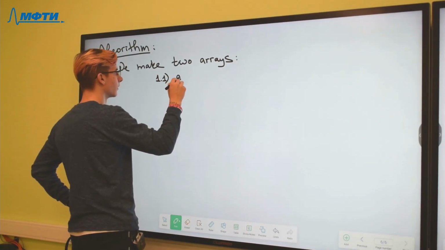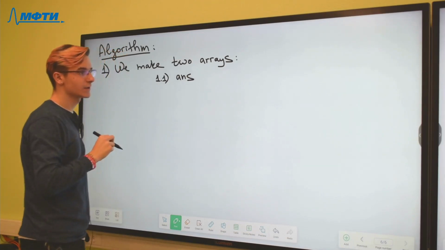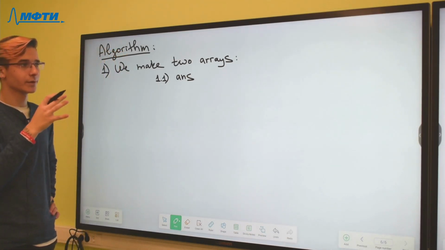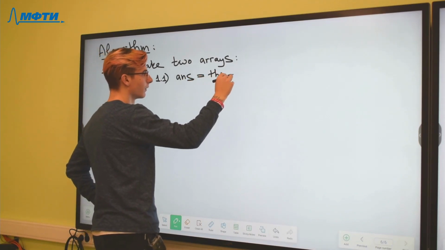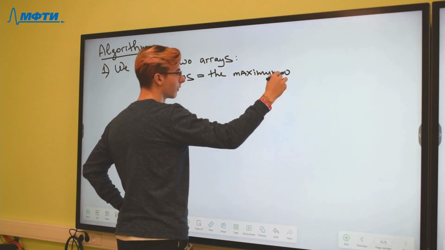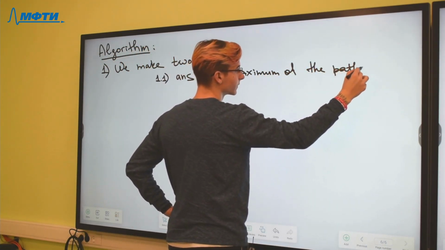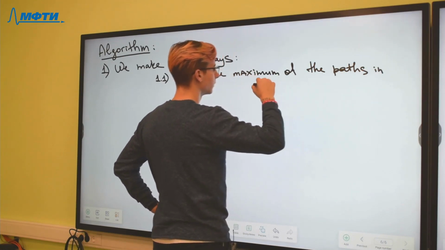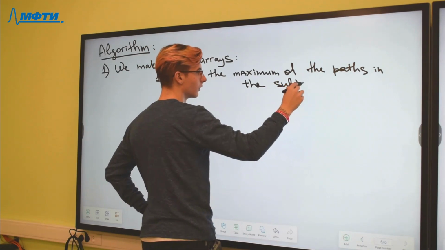So one we say as ANS, the answer, because for all three we get the answer. It is the maximum in the subtree.